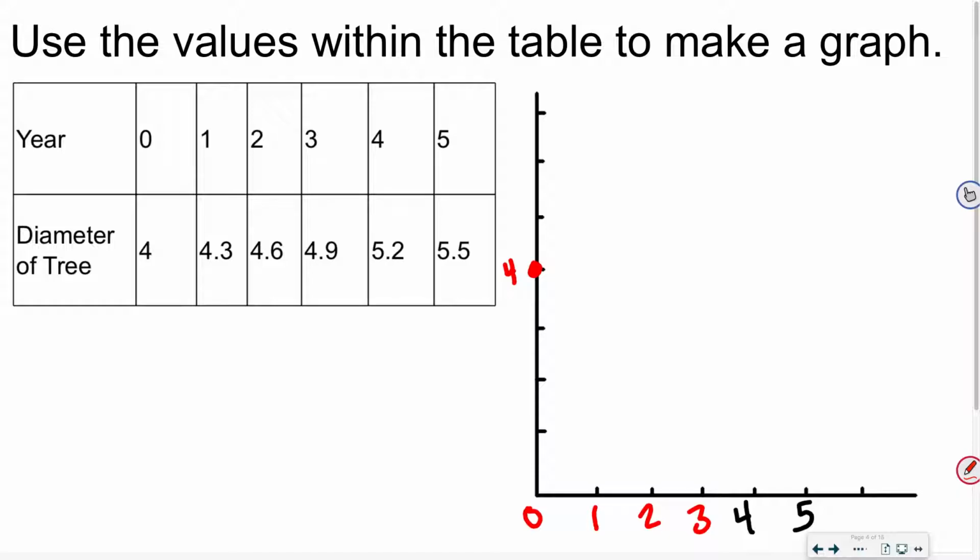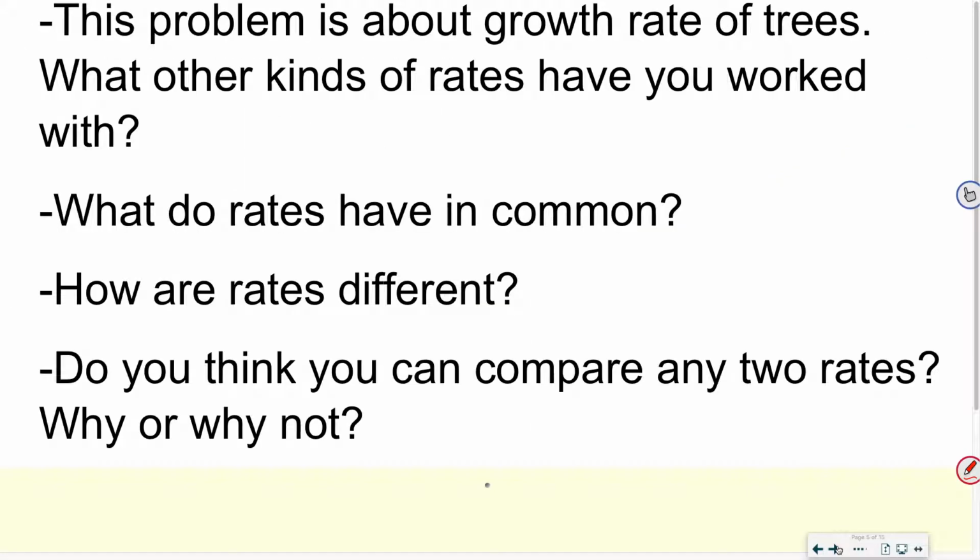When x is 1, what was the y value? 4.3. And then when x is 2? 4.6. X is 3? 4.9. So it's going to look something like that. Will it continue to grow? Yeah, there's really nothing indicating that it's going to stop growing. So we can show that rate as constant for now.